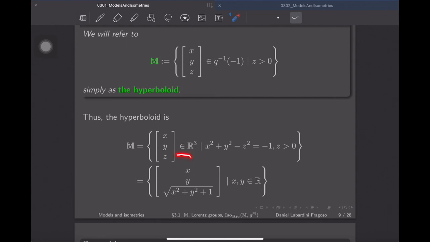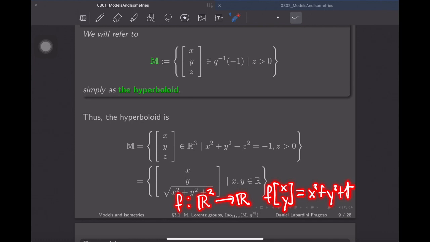And then here you can see an expression of the hyperboloid as the graph of a function from R2 to R, given by f of (x, y) equal to the square root of x squared plus y squared plus 1.